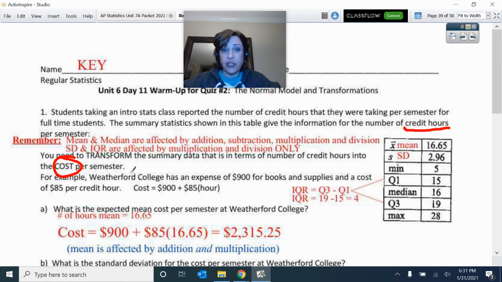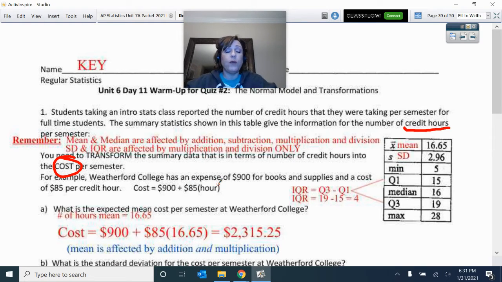Okay, so here's an example. At Weatherford College, and I did look up these numbers, so these were pretty straightforward. It has an expense of $900 for books and supplies and a cost of $85 per credit hour. So that made this formula. The cost is $900 plus $85 per hour.